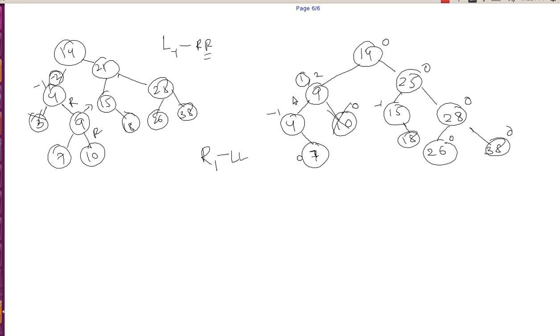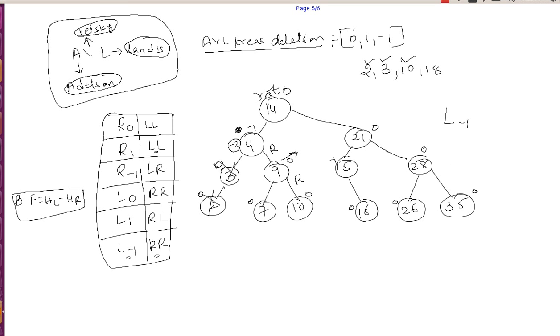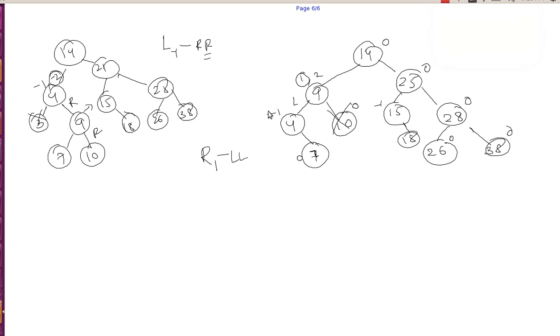So you apply LL rotation. This is a null node for you. If you only look at this subtree, you have 9, you have 4 and you have 7.